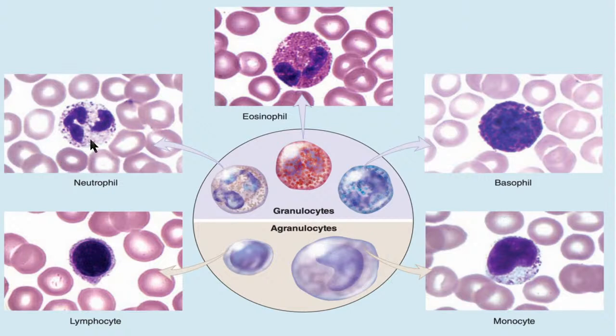As we have seen, the eosinophil is stained more by eosin, but the basophil more by azure. And the neutrophil is stained by both basic and acidic stain.